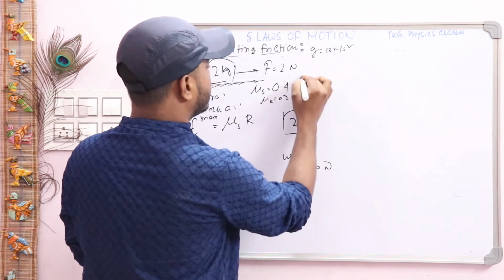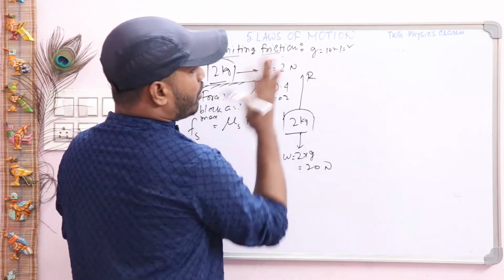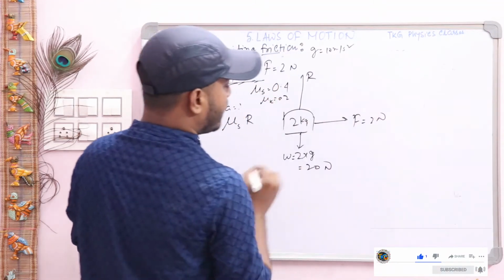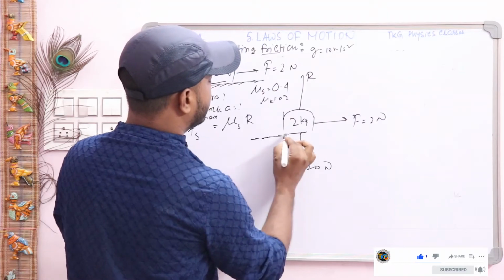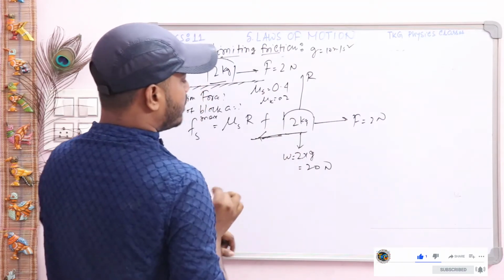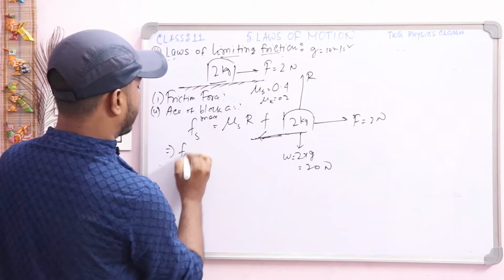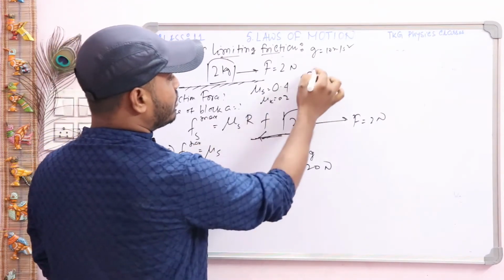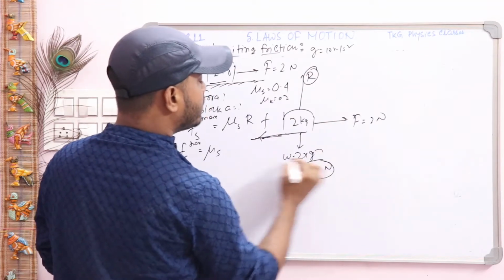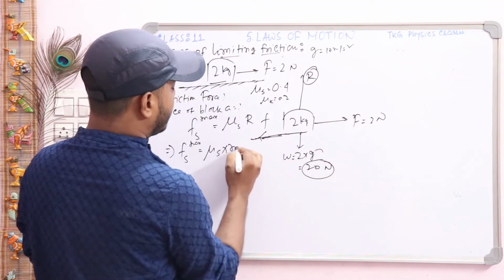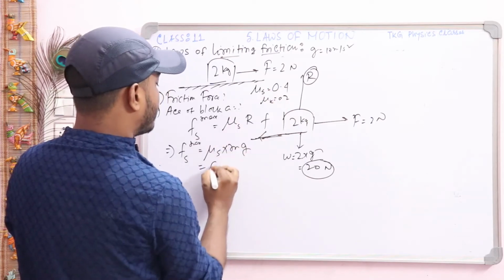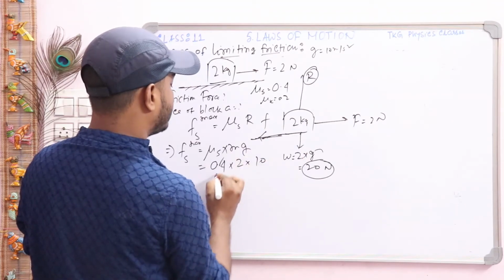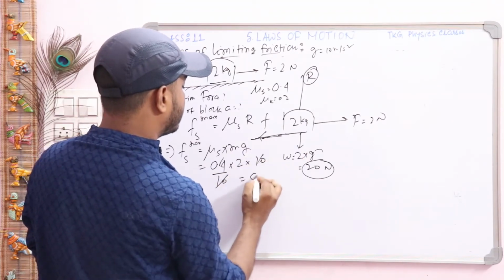Here the normal reaction force is directed normal to the surface, the external force F is 2 Newton, and this is the direction of frictional force. So Fs max equals mu s into R, and R equals mg, that is 20 Newton. So mu s is 0.4, m is 2, and g is 10. Solving it, the 10 cancels out, giving 8 Newton.